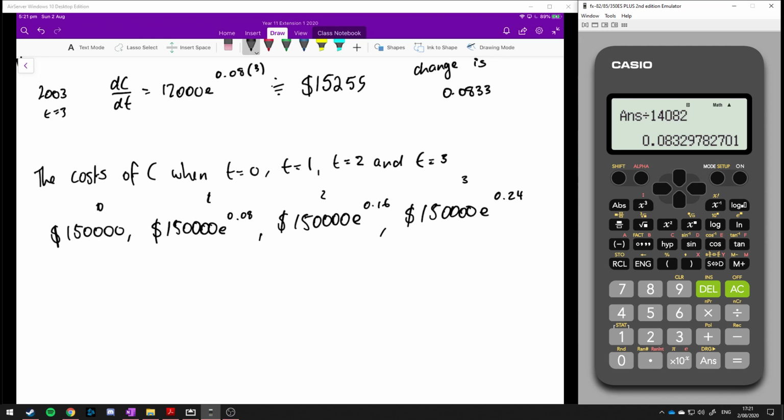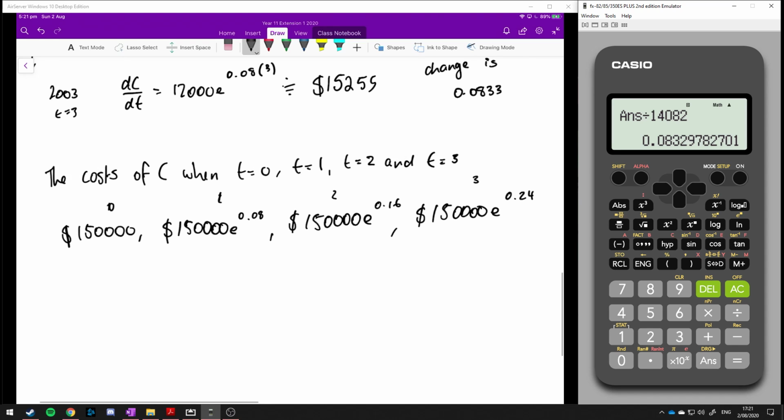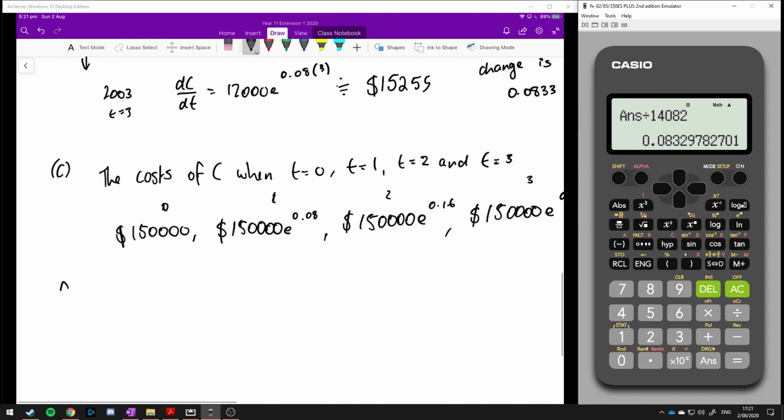Okay, so what we want to do is try and find the increase over the 3 times. So to do so, let's start with the first year.